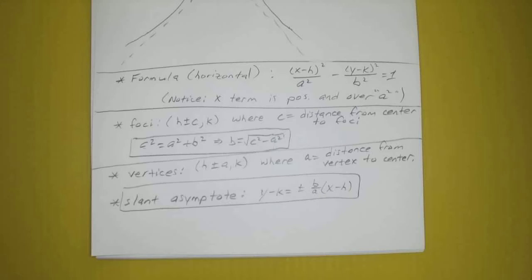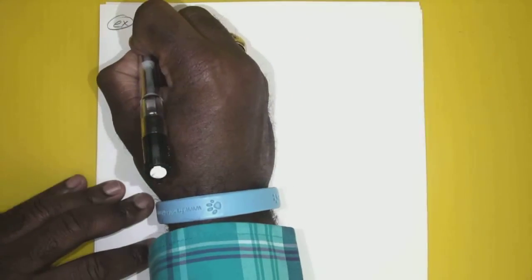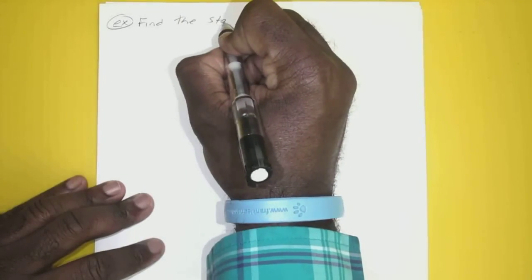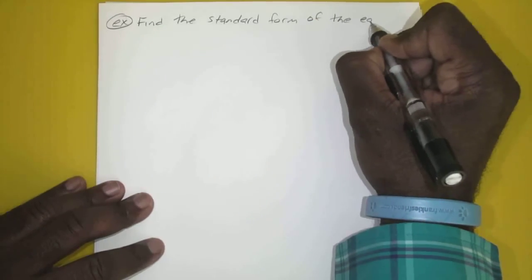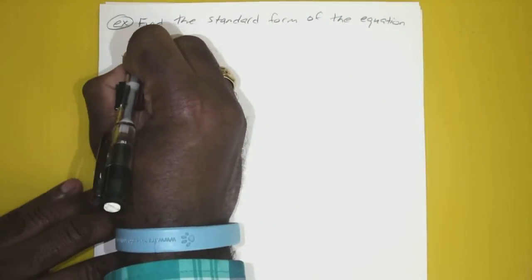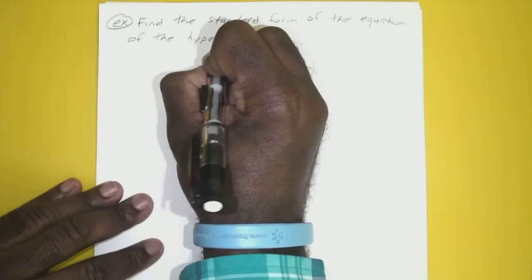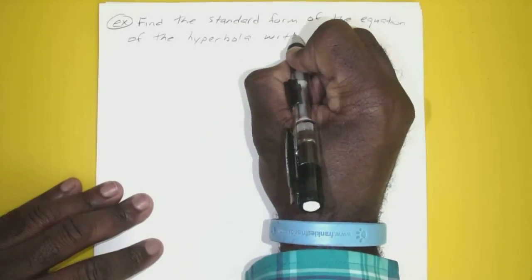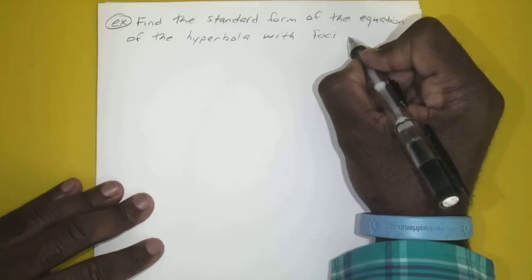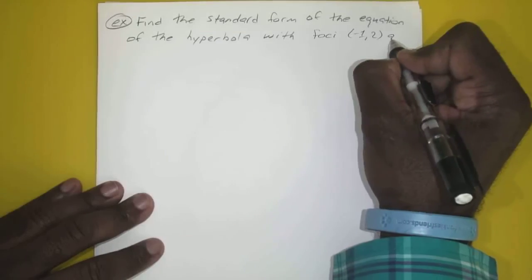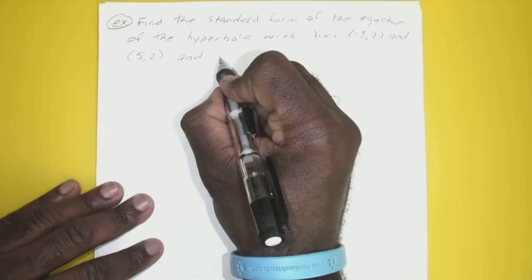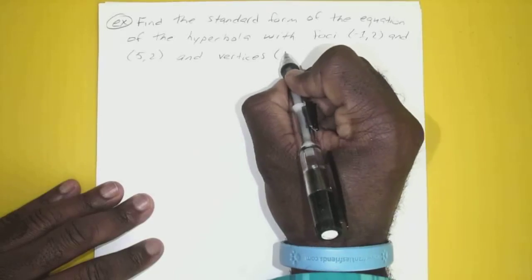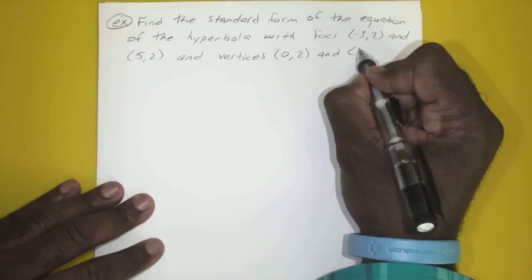Alright, so let's say, for example, find the standard form of the equation of the hyperbola with foci -1, 2, and 5, 2, and vertices 0, 2, and 4, 2.